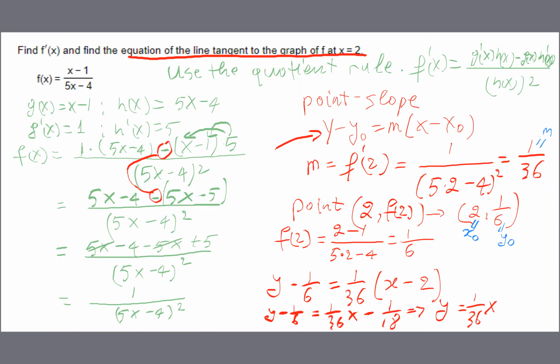Okay, I don't have any room to find 1/6 minus 1 over 18. I'm going to let you do that. I don't have room, so I'm just going to write minus 1 over 18 plus 1 over 6.